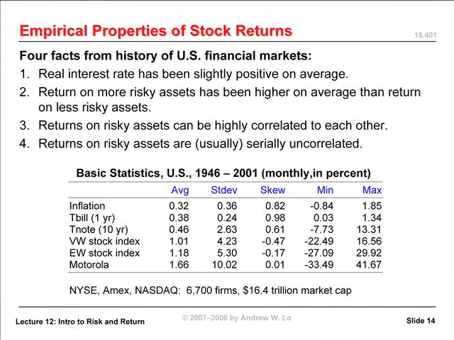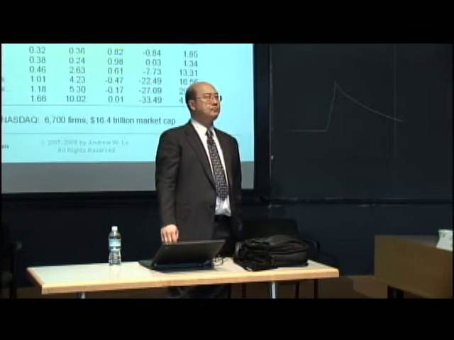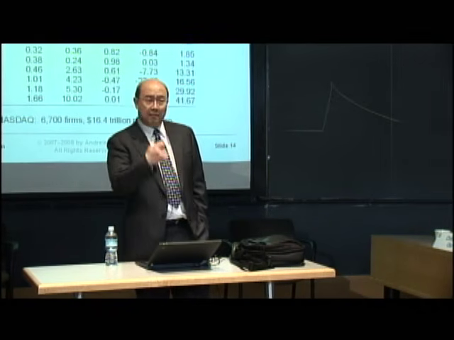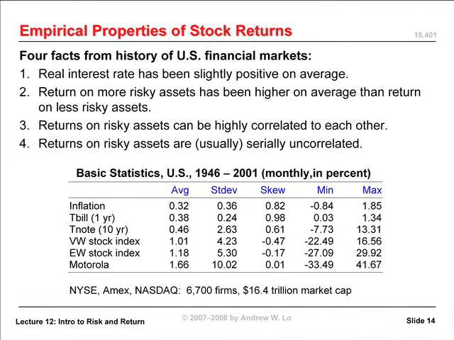And if you want to get a sense of why that might be, take a look at the next column, which is the standard deviation. This, remember, is a measure of the riskiness of the security, right? It's a measure of the fluctuations. And if you take a look at the equal weighted and the value weighted, the volatility is a lot higher than for T-bills.